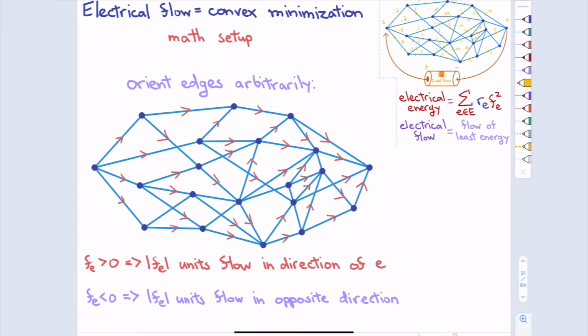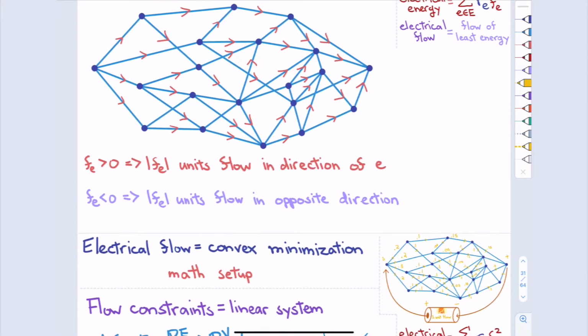It doesn't matter what orientation you pick, just be consistent henceforth. So that when I say f of e is bigger than 0, I mean I'm sending f of e units in the direction of the orientation. And when it's less than 0, I'm sending that absolute number of units against the orientation. I'm just fixing orientation so I understand what plus and minus mean. No big deal.